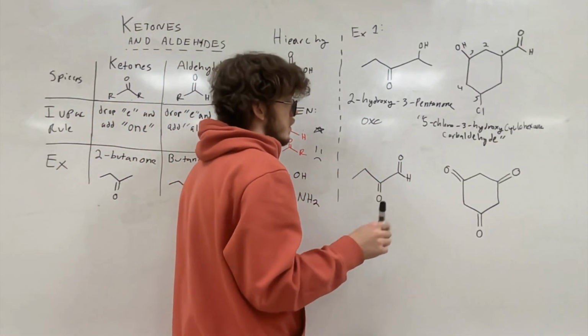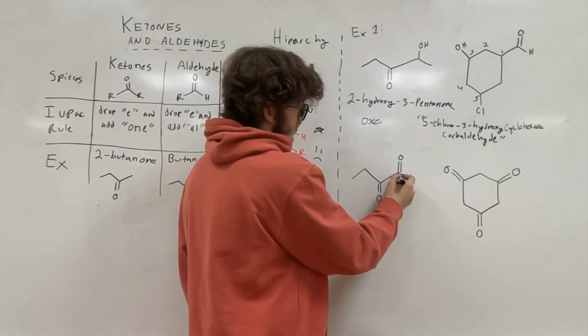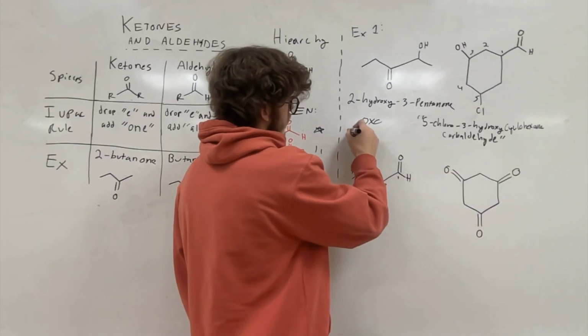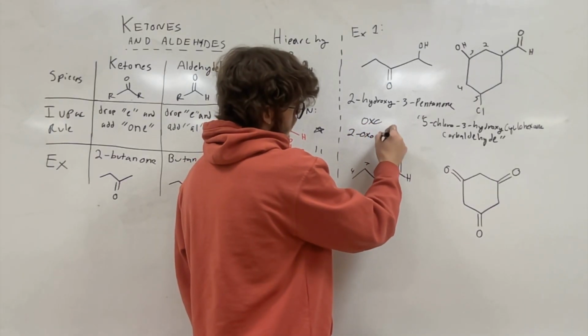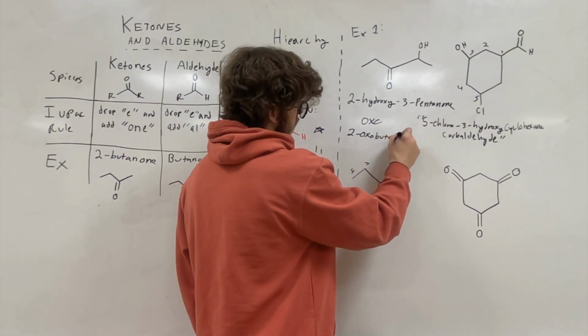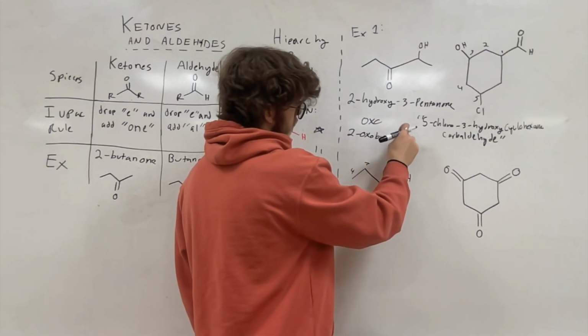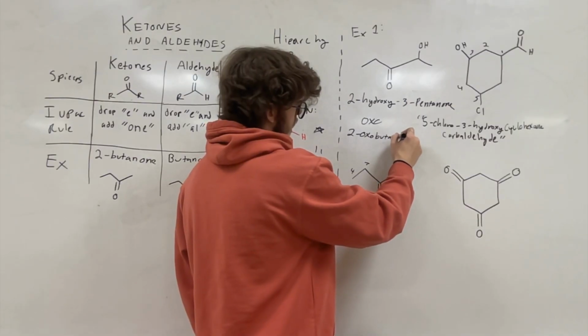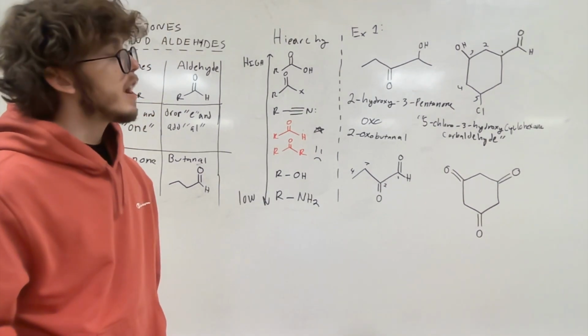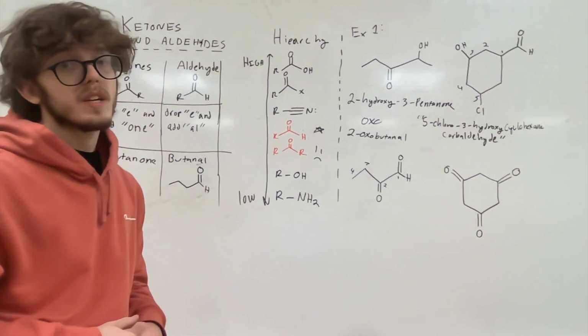So we're going to name it starting 1, 2, 3, 4. This is butane. We say 2-oxo, and we don't need a dash. Butane, drop the E, add AL. So this is 2-oxobutanal.